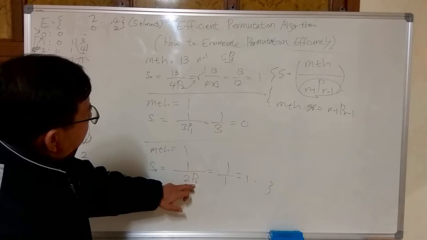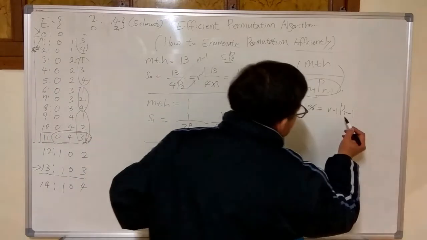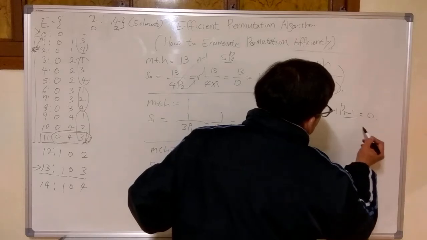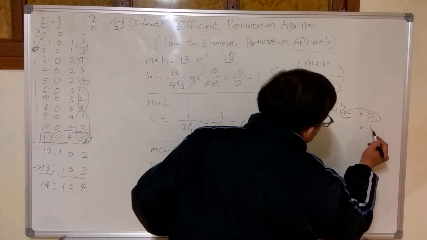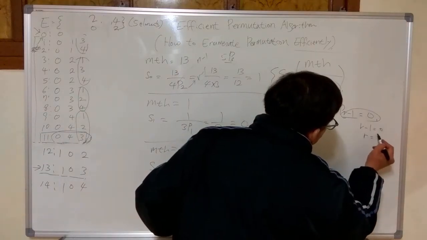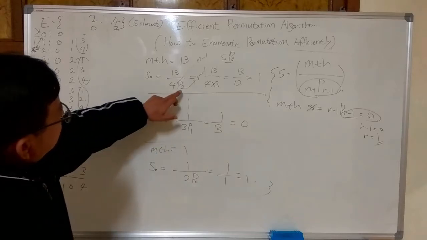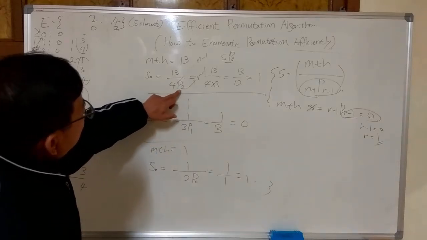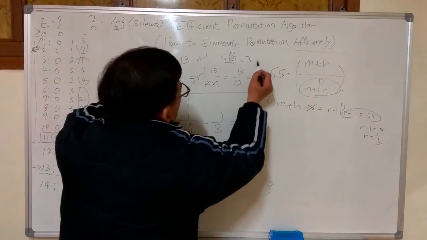Until this term becomes 0. That means if this term becomes 0, r minus 1 equals 0, r equals 1. When we are given number 3, we start with 2.